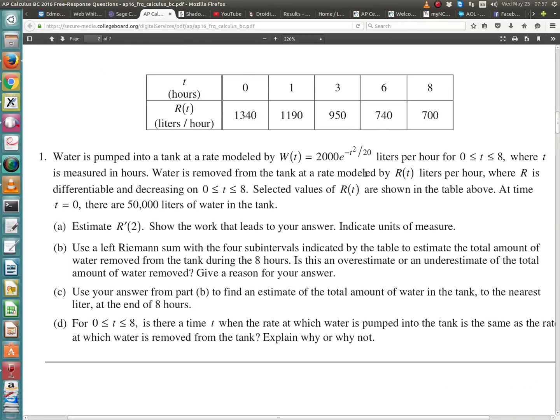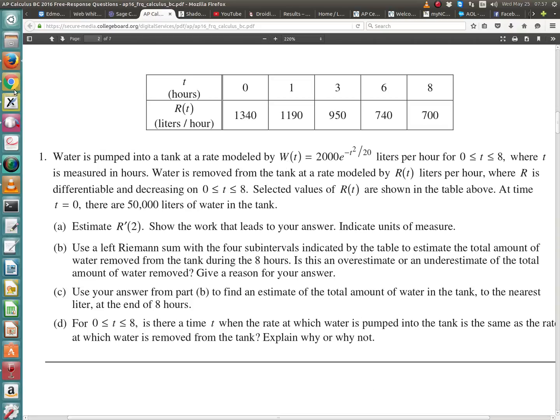This is being pumped in, right? It's a rate of change that's changing. So how do you figure out how much water is being pumped in if this is in liters per hour, by the way? The integral from 0 to 8. Did you say 1 to 8? All right, so from 0 to 8, we're going to find that numerical integral, or definite integral, add that to the 50,000 we started, and subtract the 8,050 we had.